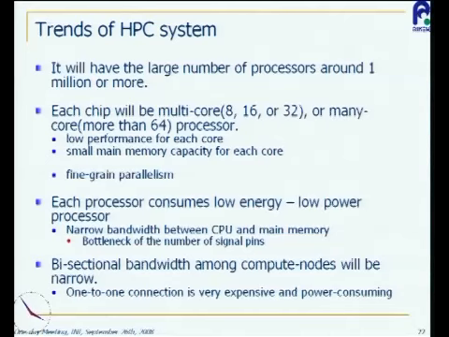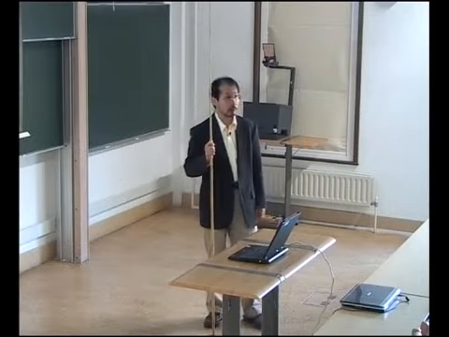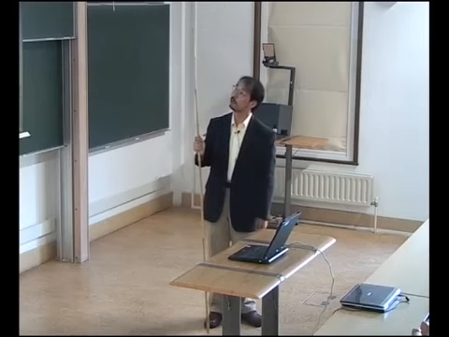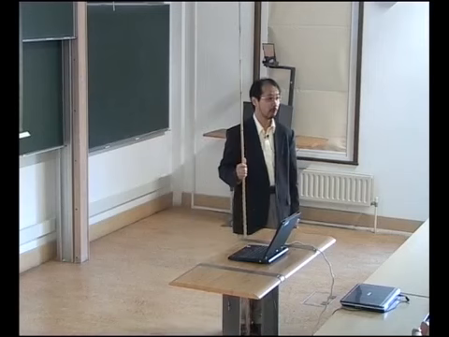And also it will be many-core, which has more than 64 CPUs in a processor. Therefore, each core has low performance, and also each core has a small main memory capacity, like the Cell special processors.